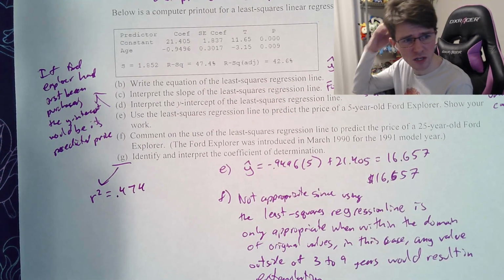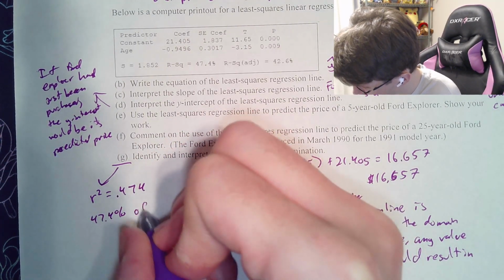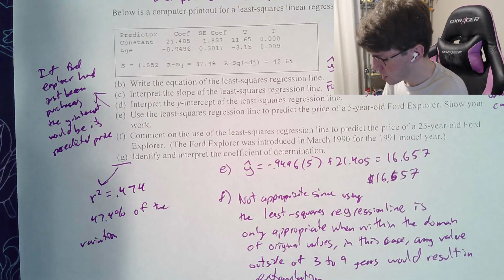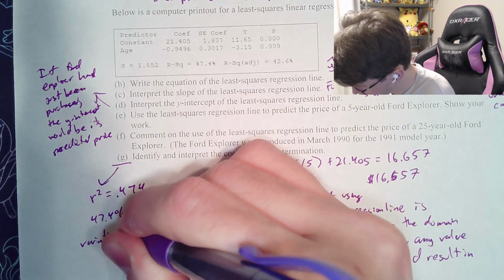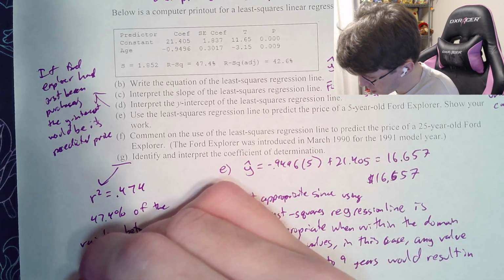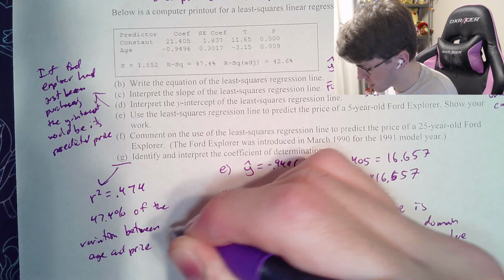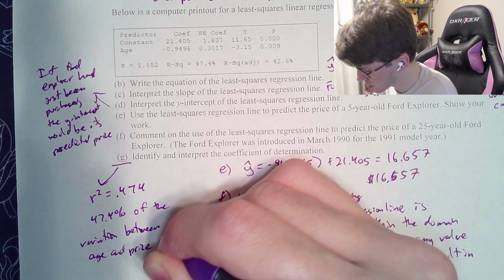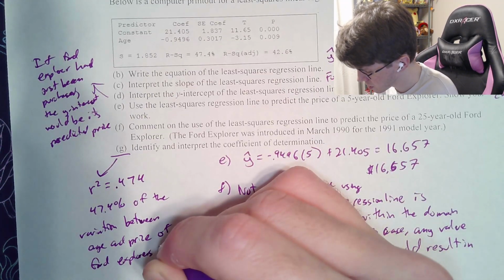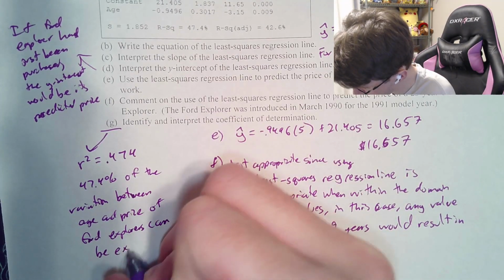You could have also written the percentage version, and what this means is that 47.4% of the variation between age and price of Ford Explorers can be explained by the least squares regression line.